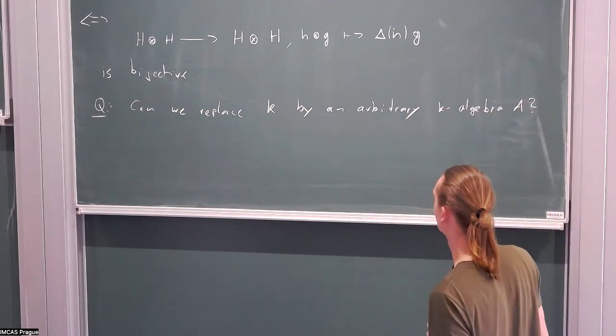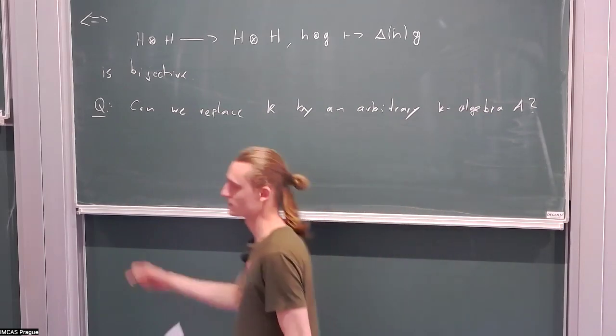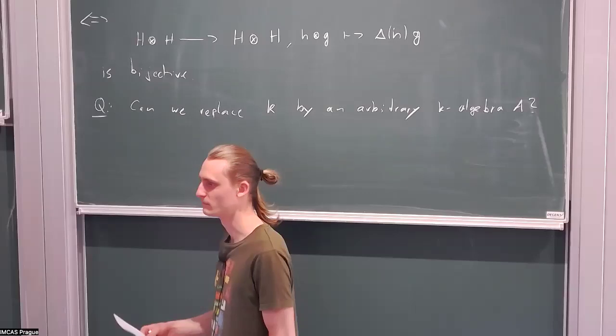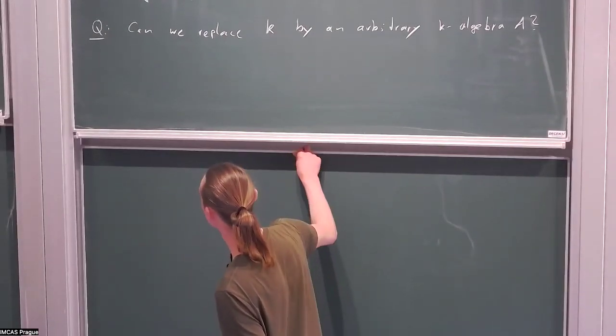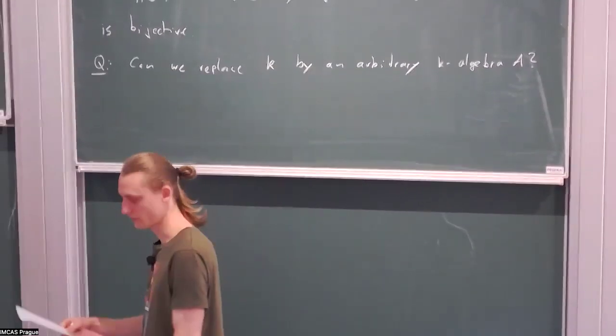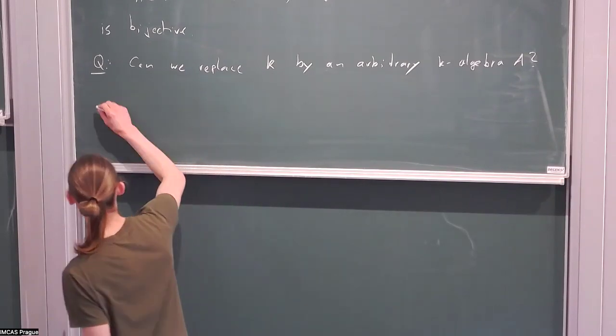And of course, if we do that, we probably want that H is an A-A bimodule and that all the structure morphisms are bimodule maps. Okay, and now the first step towards this generalization will be A rings.